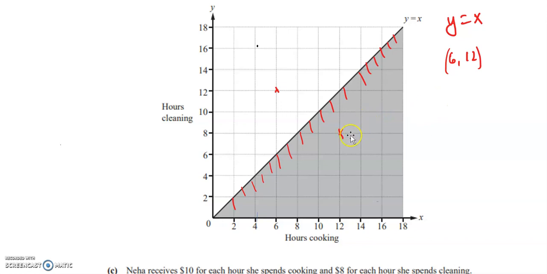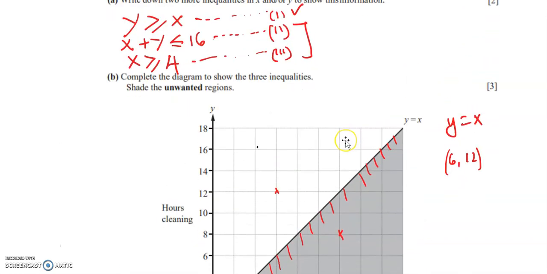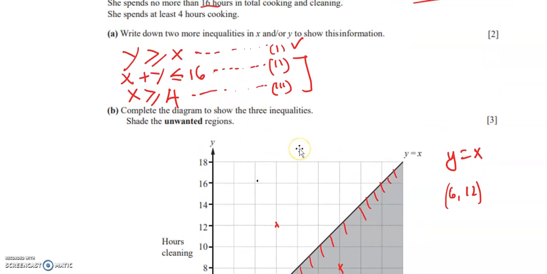So we also move to the second inequality, which the student can easily draw the line. In this case, you can have a table for x and y. So we can draw the line x plus y equals 16.